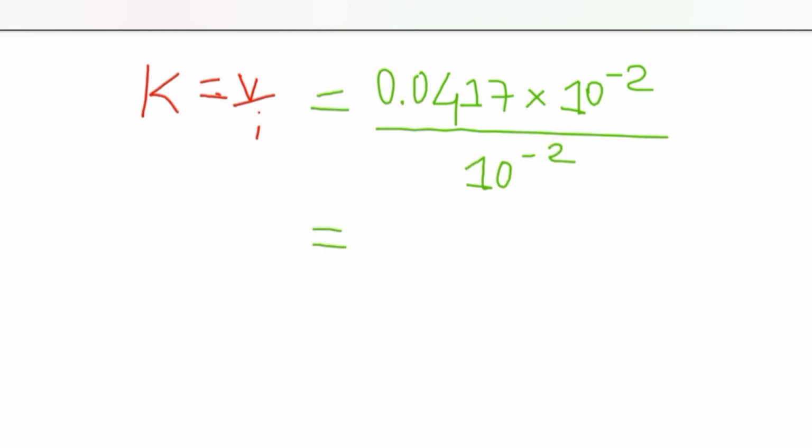Here I have multiplied this 10 raised to minus 2 to convert it from centimeter per second to meter per second. So it will be equal to 0.0417 meter per second.